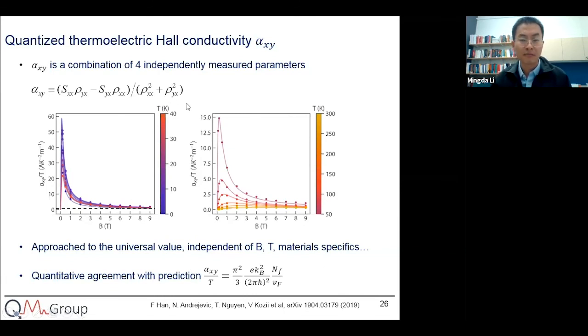Because as we imagine, all these parameters like longitudinal resistivity are certainly highly dependent on temperature, on magnetic field, and even material specifics. And here, after the combination of four independent parameters, the final number becomes independent of the material specifics, only highlighting the contribution from the topological singularity, making it a universal constant.